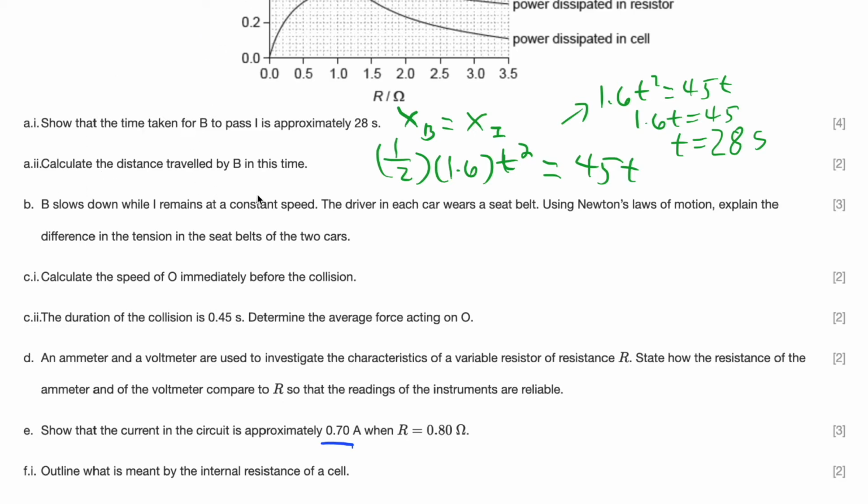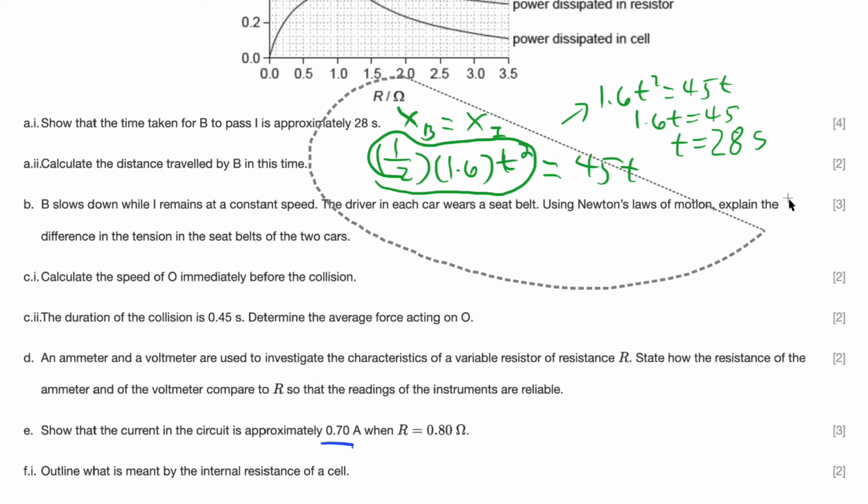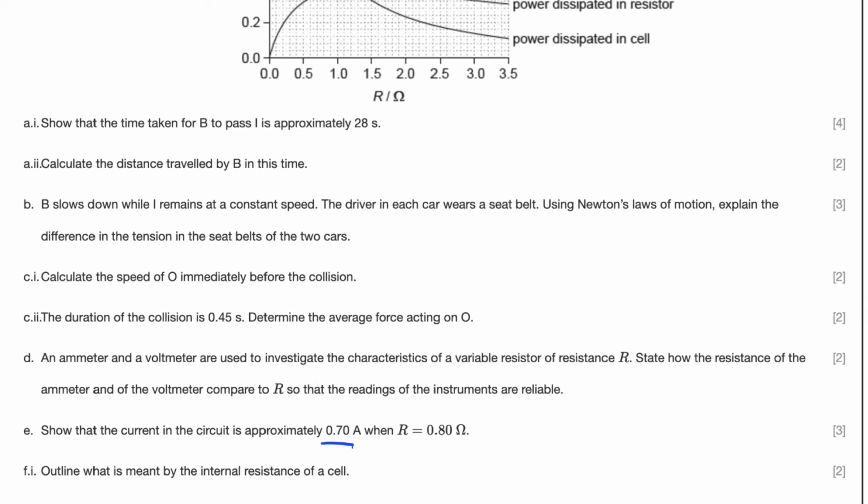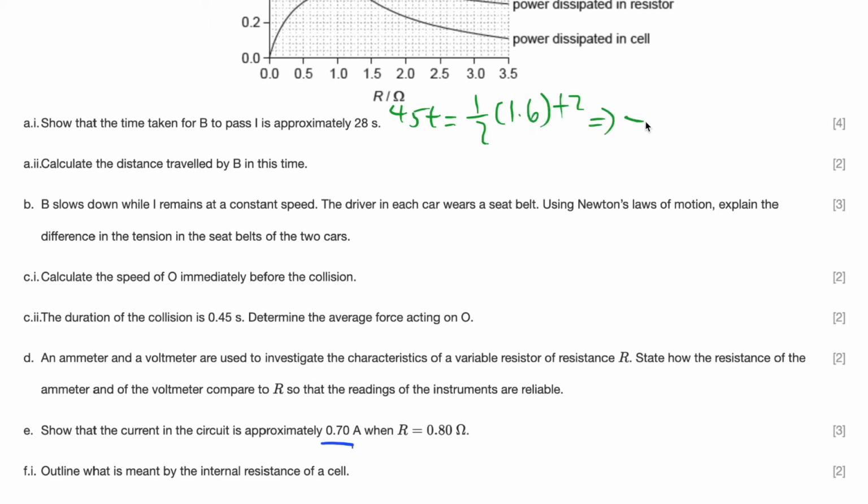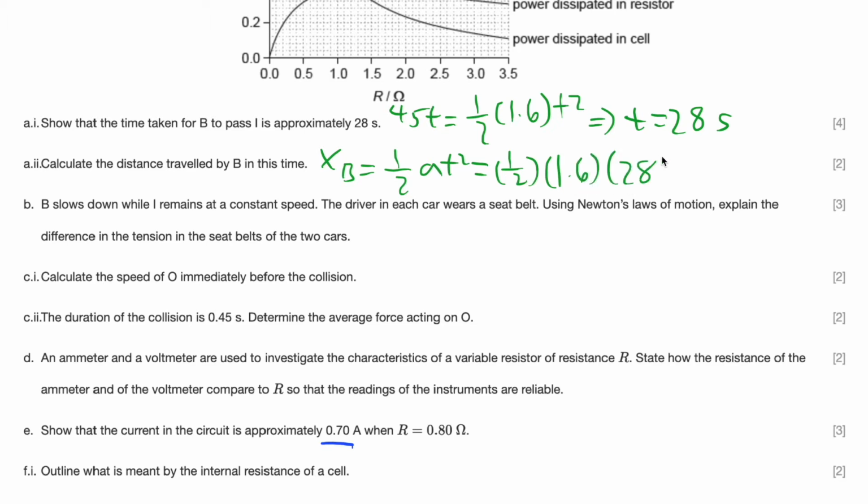Calculate the distance traveled by B in this time. You already know how to calculate it. Just use this equation here. So let me rewrite everything. xb is equal to a half times acceleration times t squared, which is equal to a half times 1.6 times 28 squared.